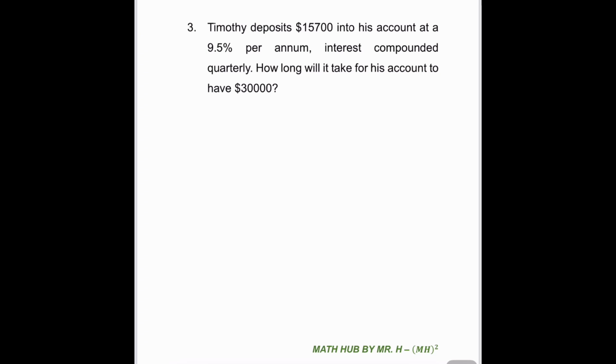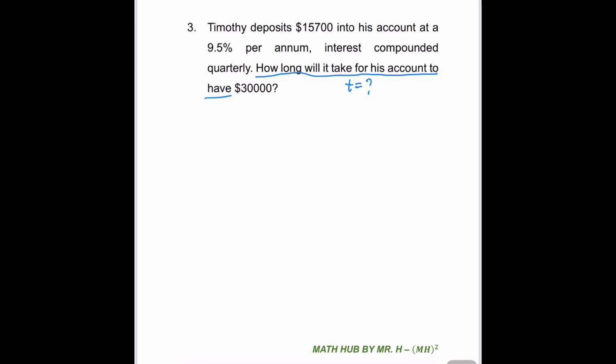How long will it take for his account to have $30,000? So for this one, it's very clear that the question is asking for the number of years. So we're looking for the value of t.